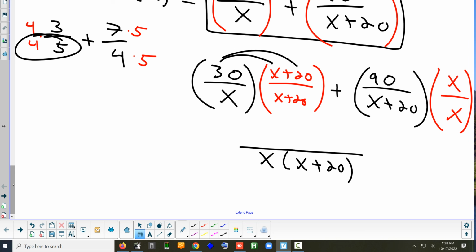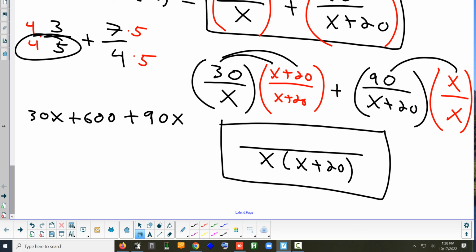Austin, what do I get when I distribute that? 30x plus 600. Okay. I didn't put it here yet because I might have something I can combine with it, and I'm going to put the final answer right there. If you want to put it here for now, that's fine. Plus, all we have there is 90 times x. So what's going to end up in the top for my final answer?